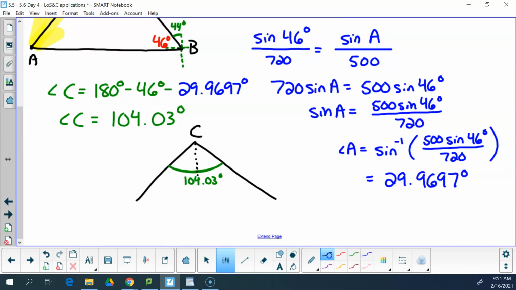Because I really just want this angle right there, that purple angle. If I know that this angle down here is 46 degrees, and that's going to make a right triangle, what's this angle up in here?